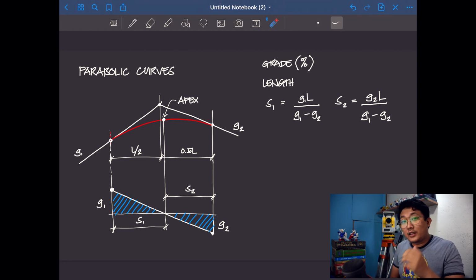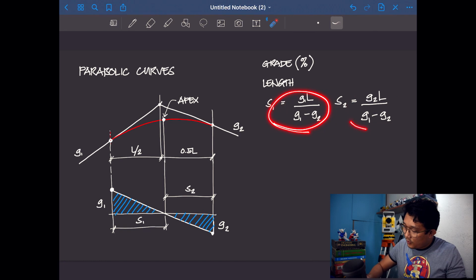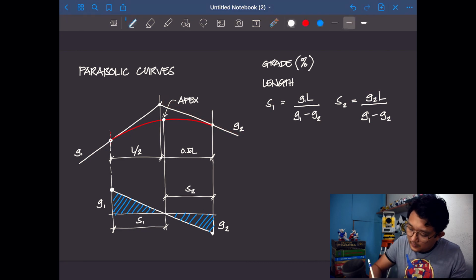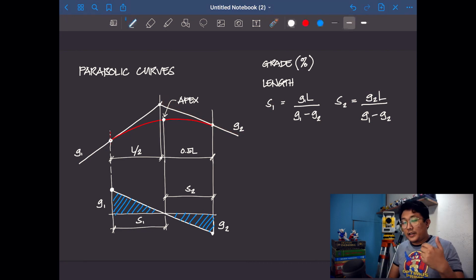G2. Now take note, for these formulas to work, we need to consider the algebraic signs of your grade, meaning that this has a positive sign and that one has a negative sign. Alright? So, we've already considered your grade, your length, and the distances of the apex from the starting point to the last point of your curve.